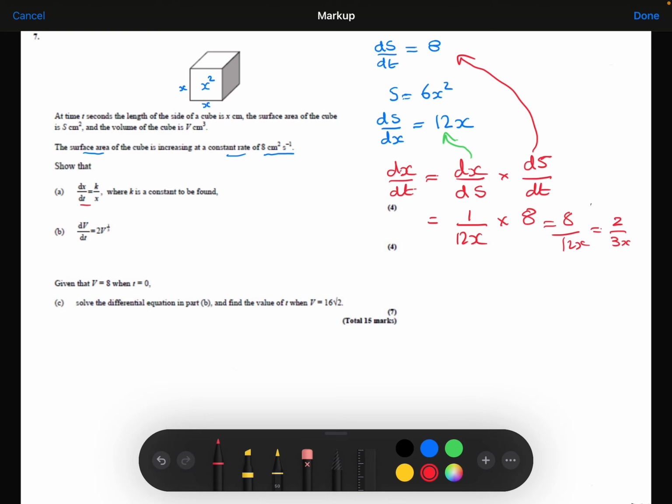So basically k is 2 thirds. So that's part A.